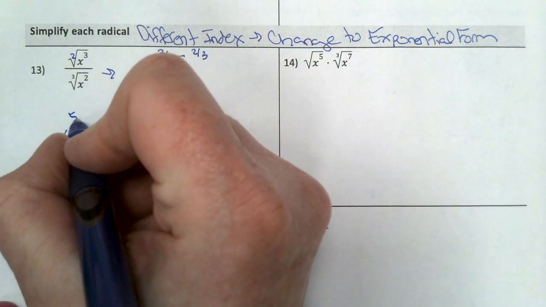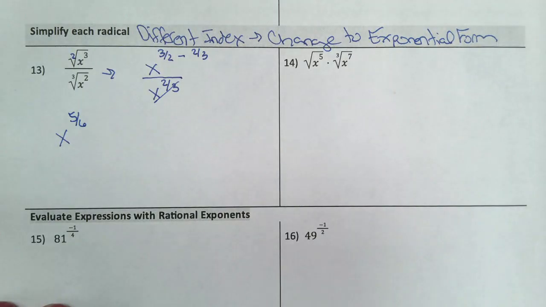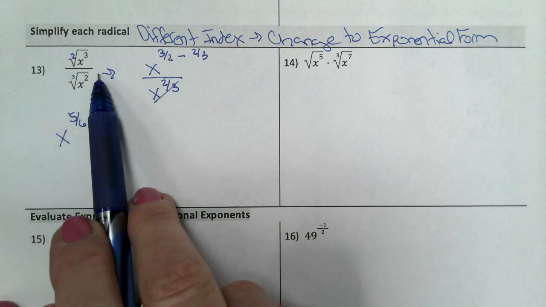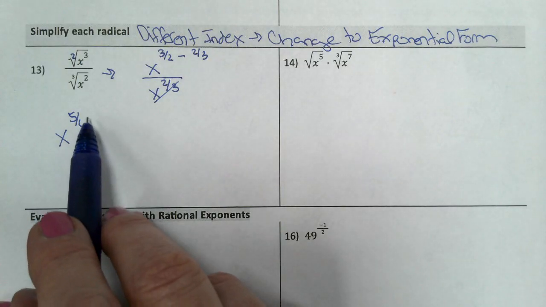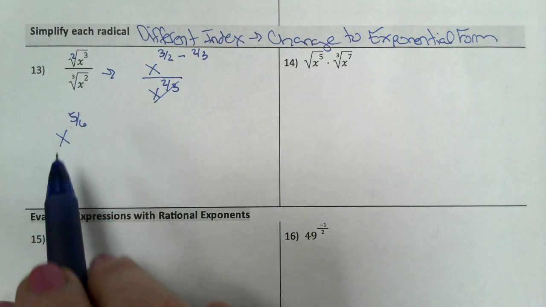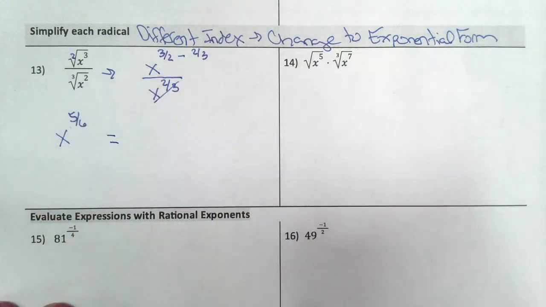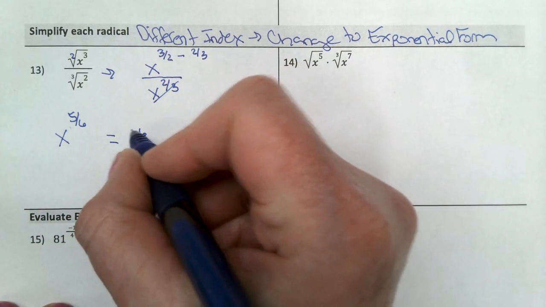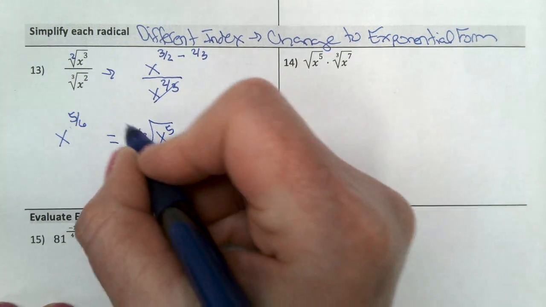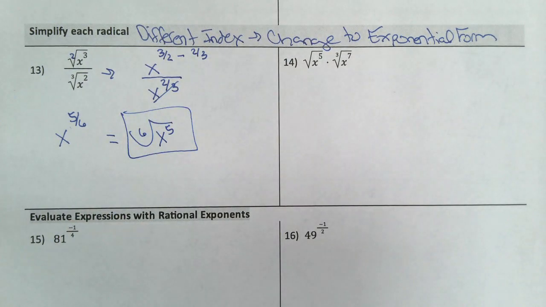So I get x to the 5/6. The general rule of thumb is whatever form you start in, that's what you should end in. So I had to change form so that I could simplify this, but I really need it to end in radical. So the denominator is the index, and so that would be the 6th root of x to the 5th.